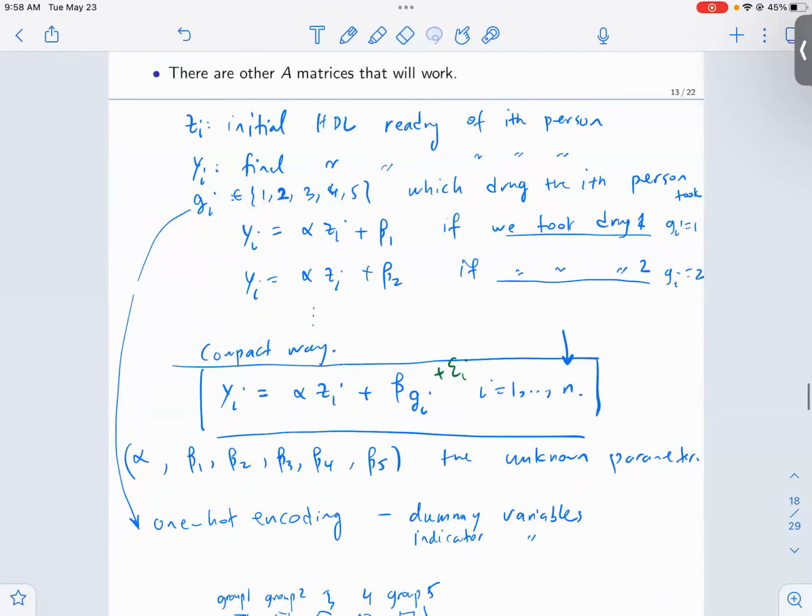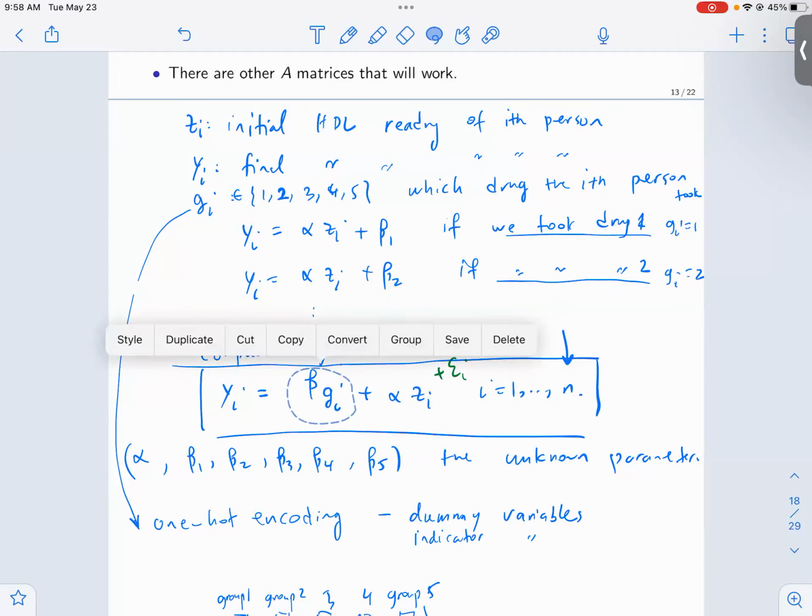I'm going to reorder so that you can see this goes here, this goes there, because usually I write the intercept first. Beta is a parameter, like a constant shift. Alpha is multiplied by this, which is a genuine variable. So this looks like the usual, simple: which group you're in, you get a different intercept.